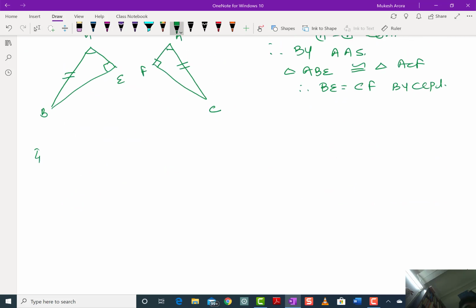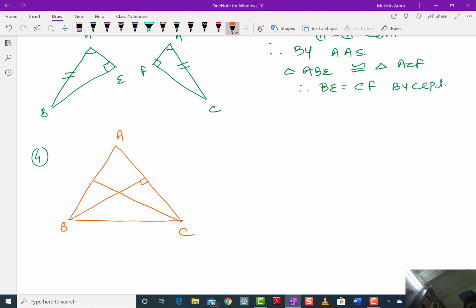Question number 4. ABC is a triangle in which BE and CF are the altitudes.